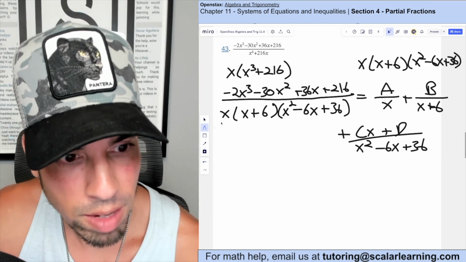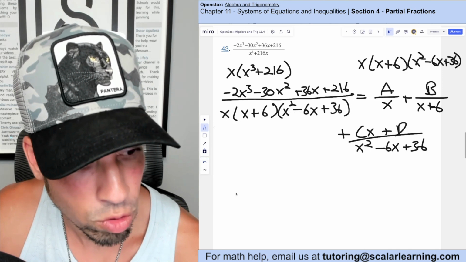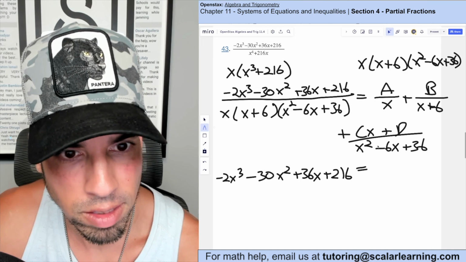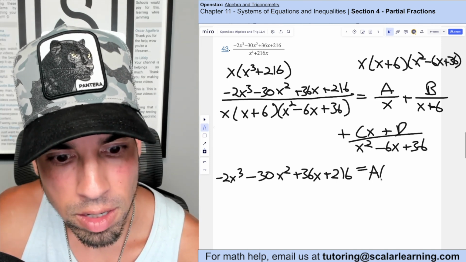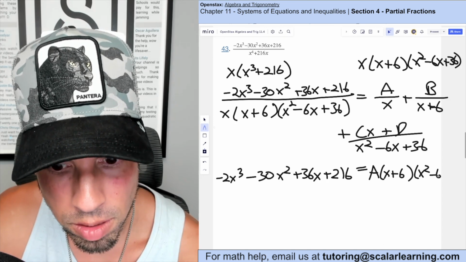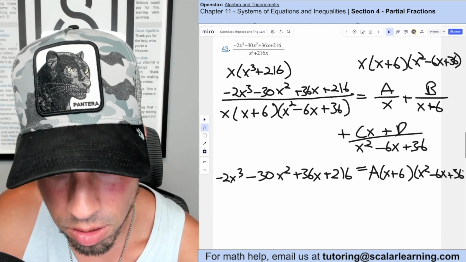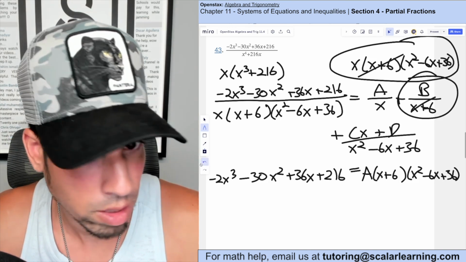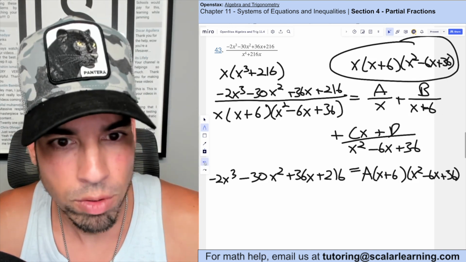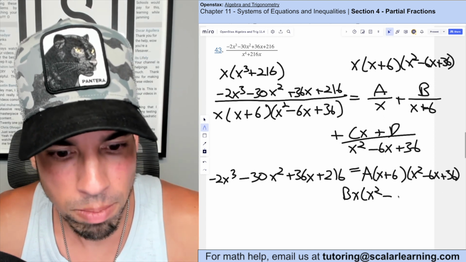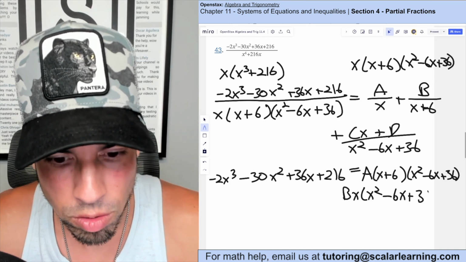So when we multiply the left side, this cancels out and we get that numerator. And this is equal to this times this, which makes the x cancel out. So we have a times x plus 6 times x squared minus 6x plus 36. Then when I multiply this against this, these are going to cancel out. So then we're left with bx times x squared minus 6x plus 36.